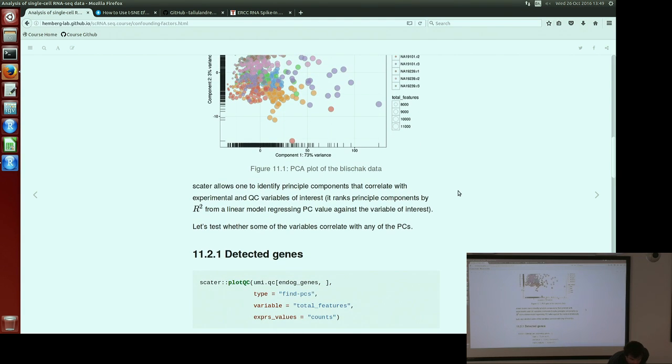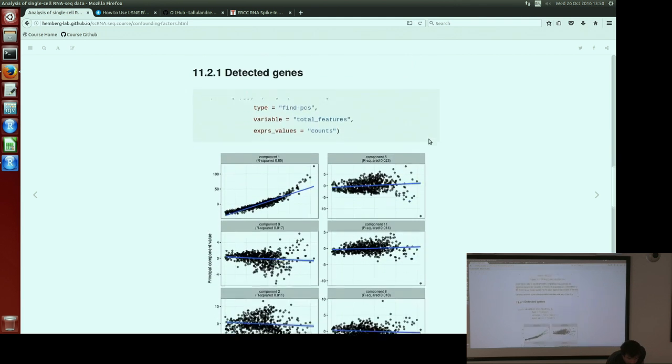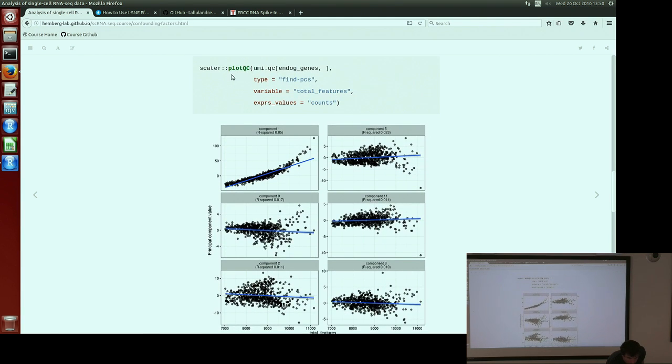Something that we can do with the plotQC function in scater is to identify which variables correlate with principal components of the expression data. If we apply that here, with the plotQC function, using just the endogenous genes, the type of the plot is find PCs, and we're going to check for the correlation with the variable total features, using counts as expression values.